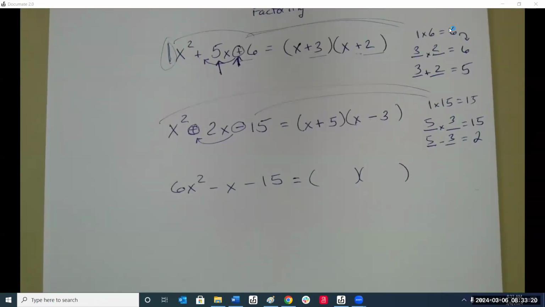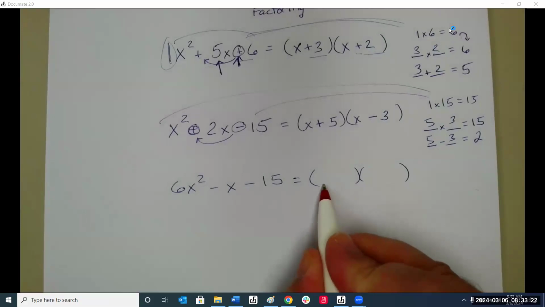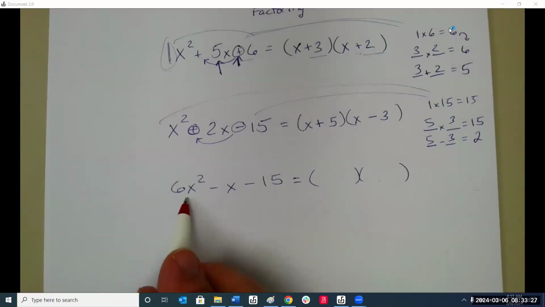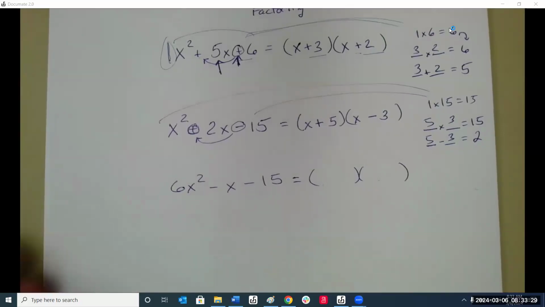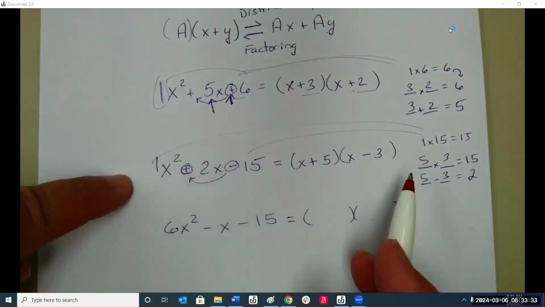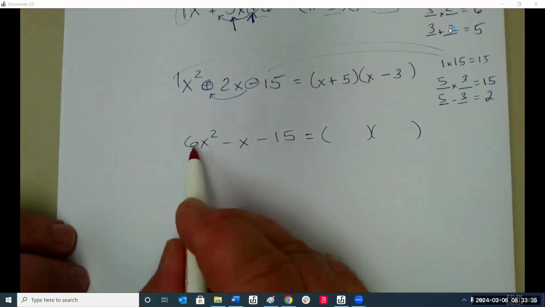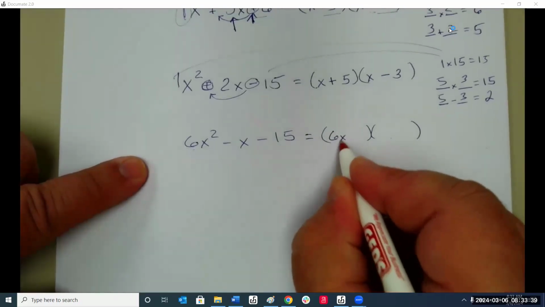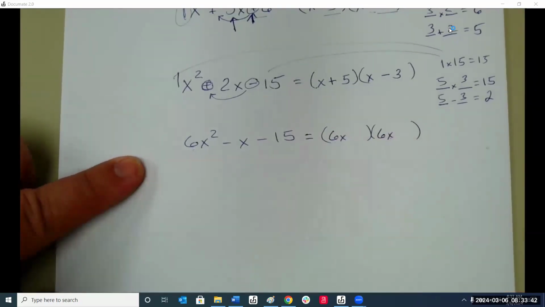This one's going to change a little bit because what goes in the first spot? It's no longer x and x. This is where it gets complicated. Because up until now, our leading coefficient has always been 1. If it's not a 1, then it's made up of 6x and 6x. We'll fix that later on.